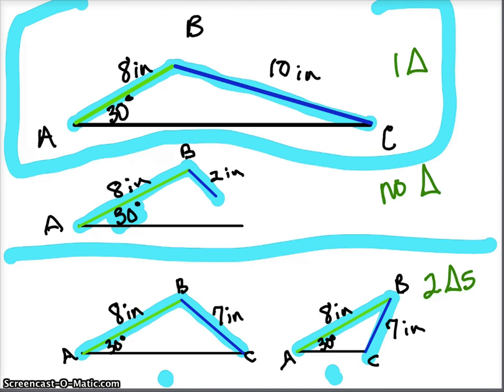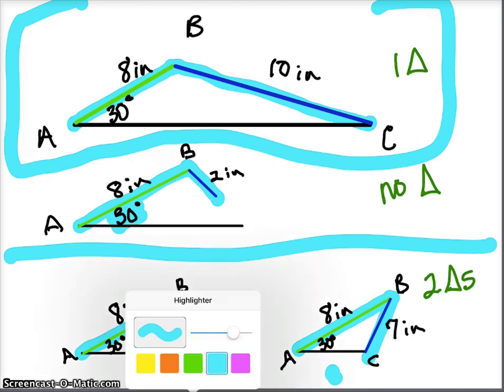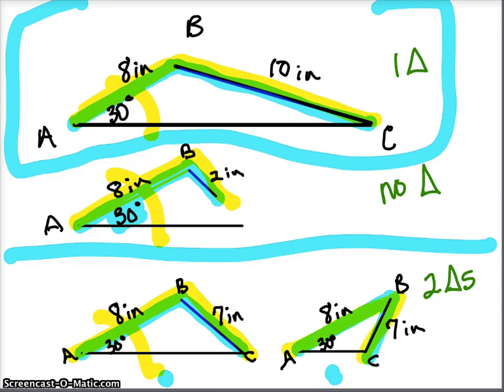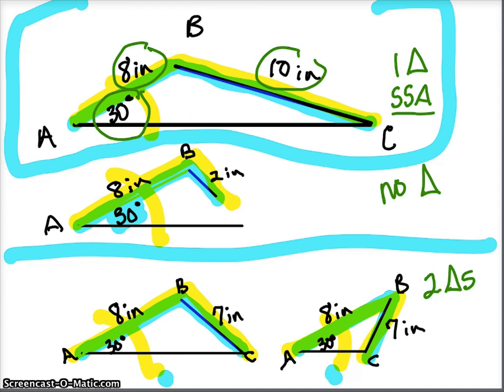The first thing I want you to note is what I've highlighted. I'm going to go back over each of these in yellow highlighter. Notice that if I highlight the given in every triangle, I am highlighting two sides and the angle that is not created by those sides. So two sides, S, S, and the A goes on the end because this is the non-included angle.